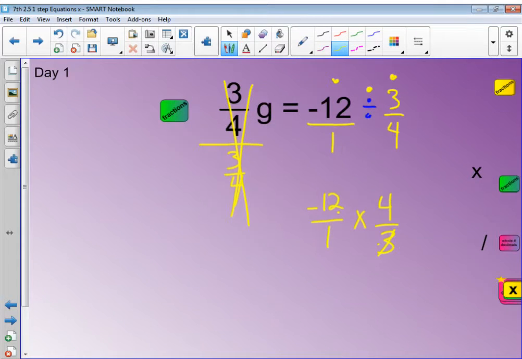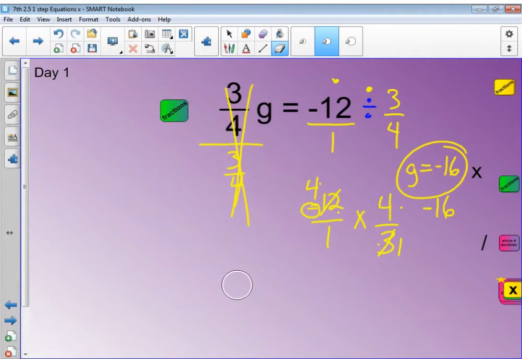So 3 would go into 3 once and into 12 4 times. And now when I multiply straight across, 4 times 4 is 16 over 1, so I can keep it as 16. I had 1 negative sign, so it's a -16. So G equals -16 as a final answer.